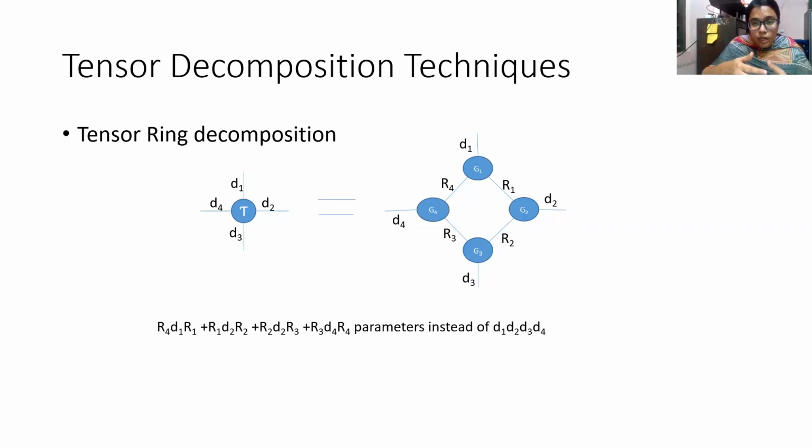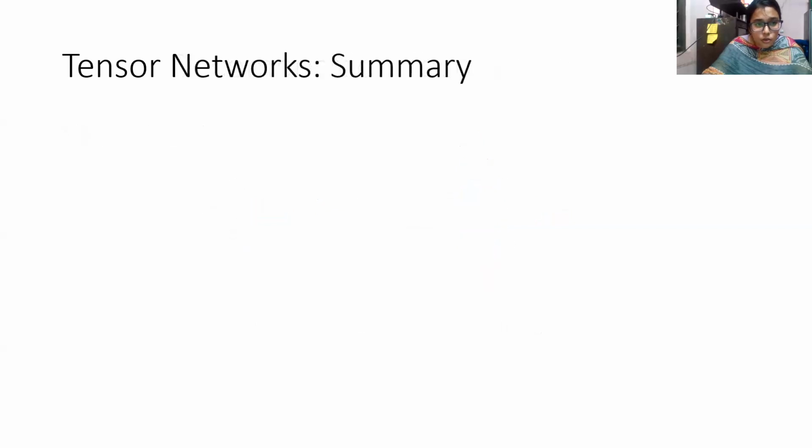Each of them is connected with each other, G1 with G2, G2 with G3, G3 with G4, and G4 with G1. So here is a circle, as you can see, and each tensor has its open indices. The calculation will be given here, similar to the previous decomposition.